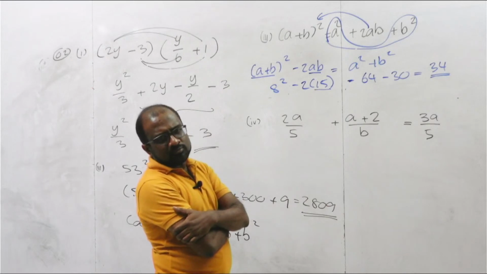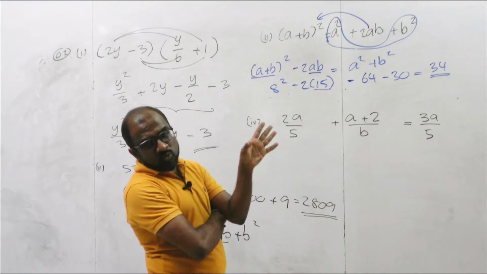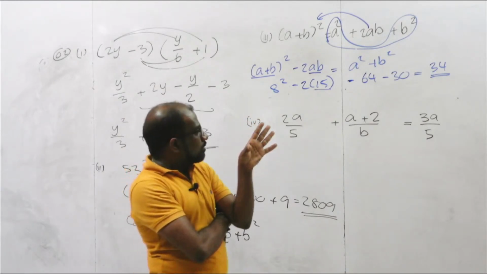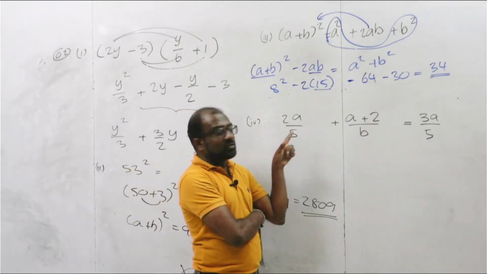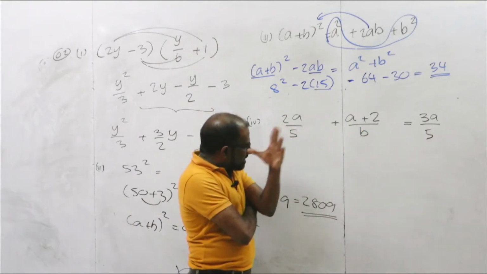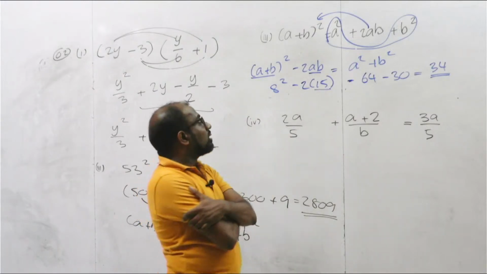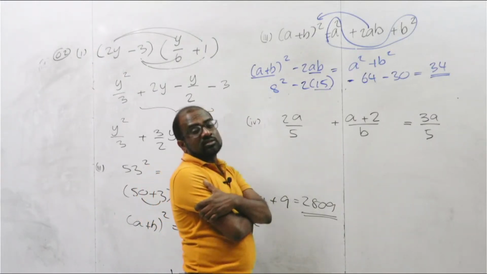Now, what's the problem we have in this equation? Why does this equation seem to be complicated? Because here we have denominators 5b and again 5. If you can cancel these denominators, you will have a linear expression. How can you remove these denominators?